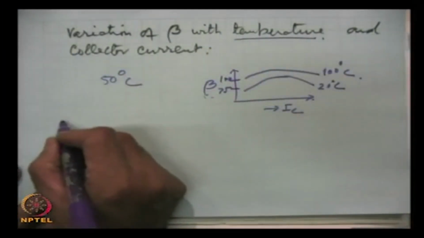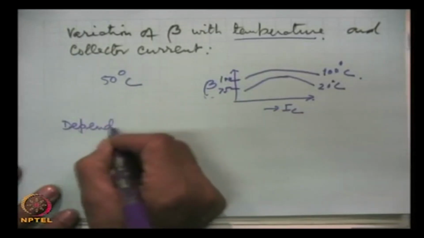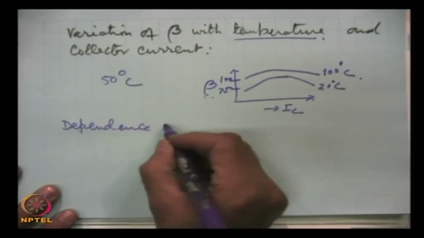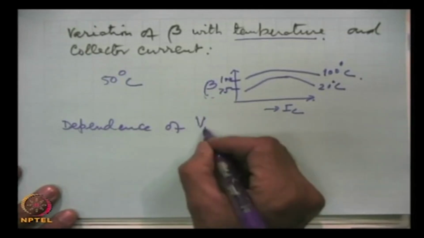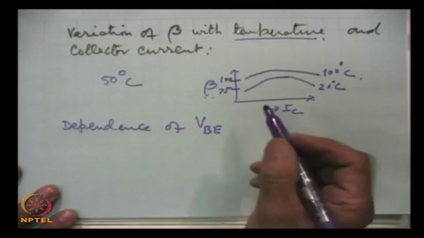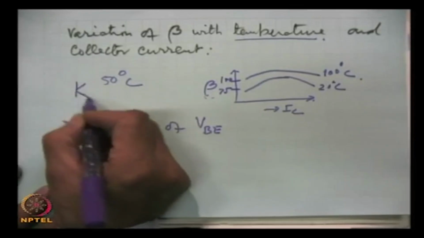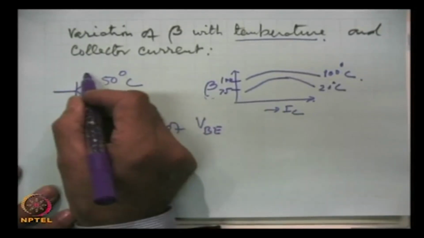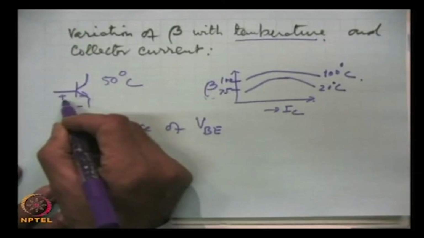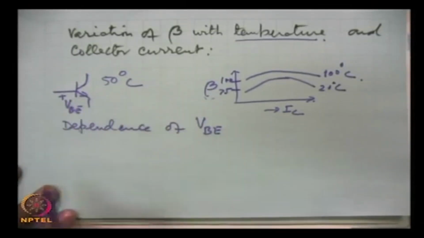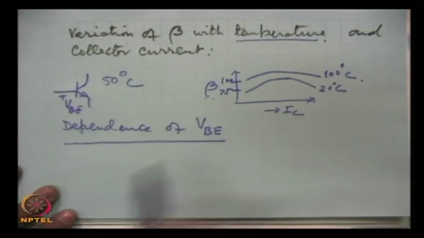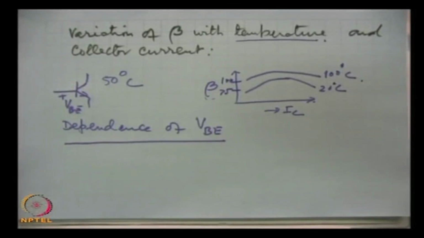Then finally, in this category we talk about the dependence of this voltage, the base emitter junction voltage VBE. This also varies with temperature for the same reason that in a semiconductor the resistivity falls with temperature.